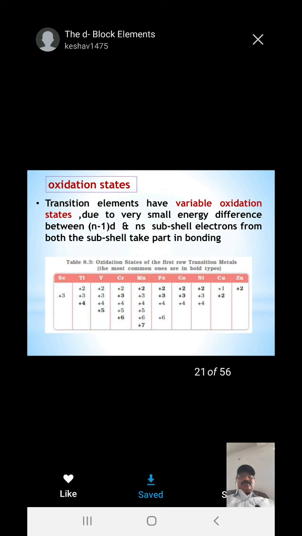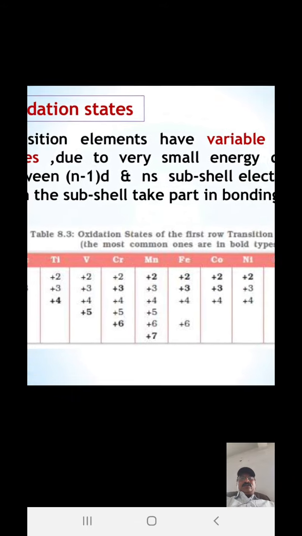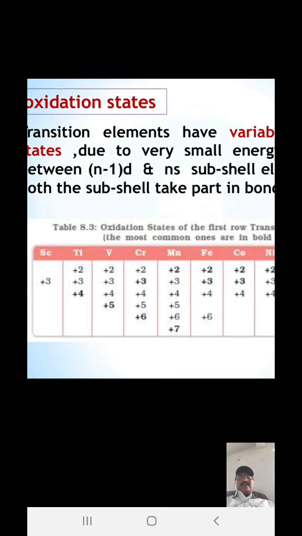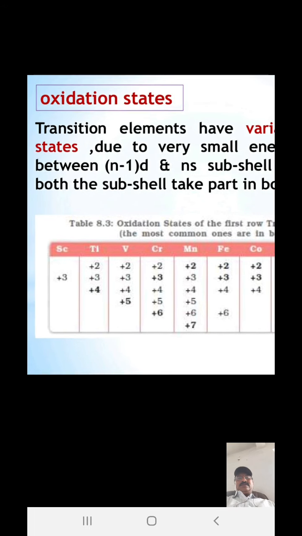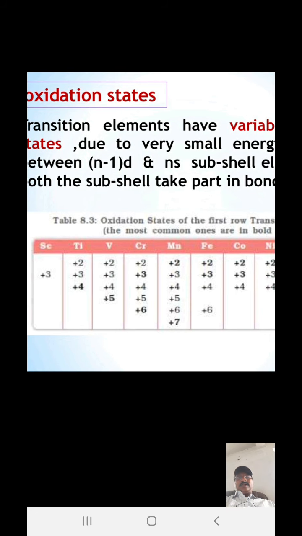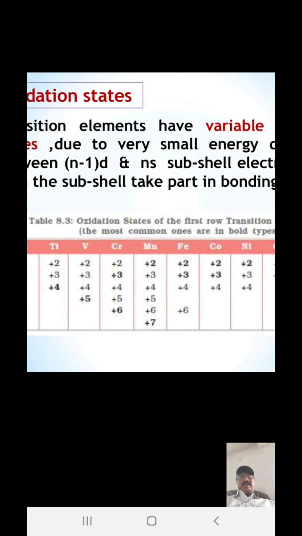So the electrons present in 4s as well as 3d take part in bonding. That's why they show variable oxidation states. See here, I am showing the variable oxidation states of different elements of the 3d series. Scandium shows +3 only, whereas titanium shows +2, +3, +4, like that.